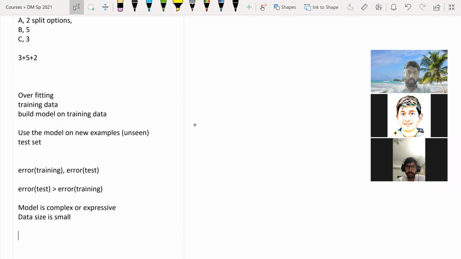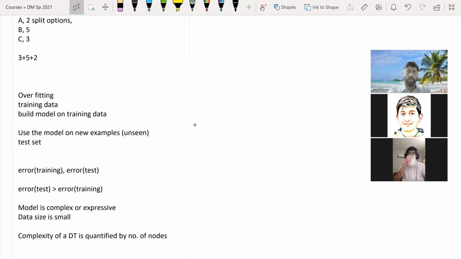So we are talking about decision trees. The complexity of a decision tree is, you can say, quantified in some rough way by the number of nodes.